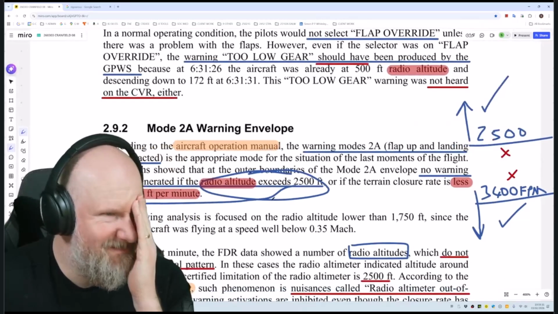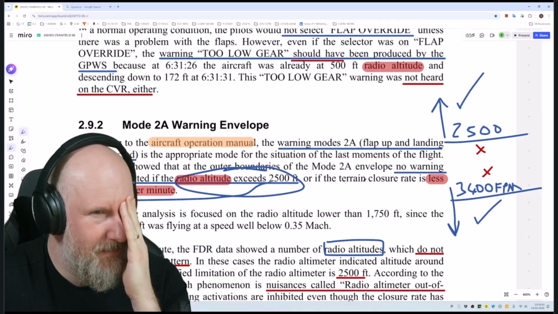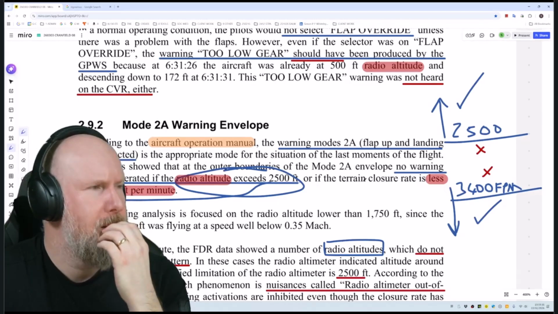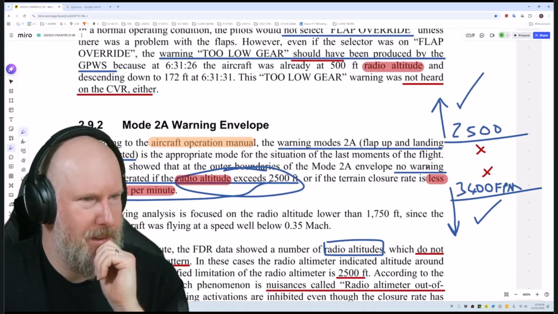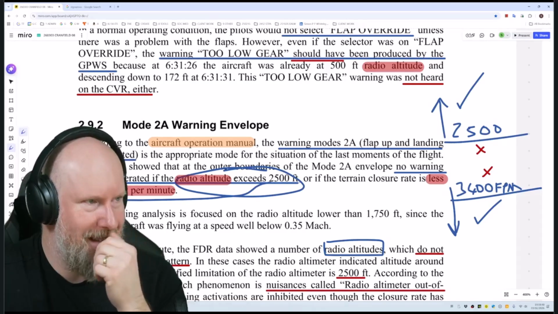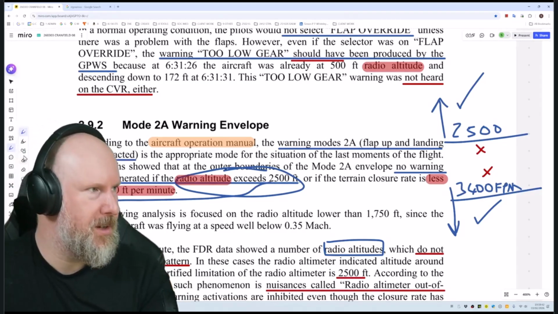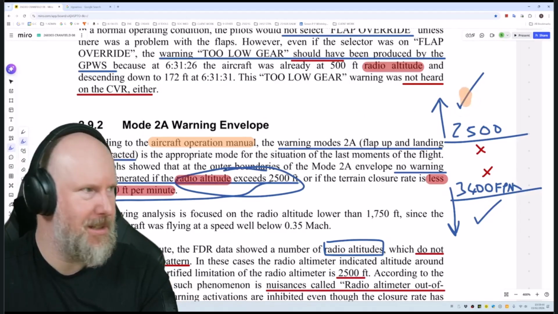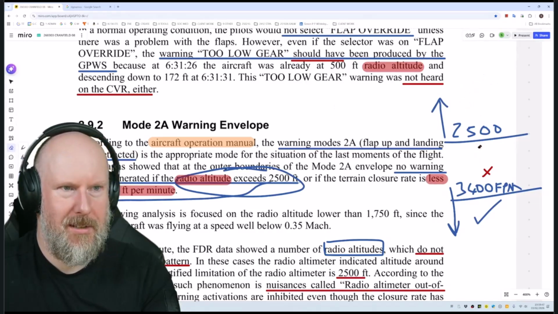Oh, hang on a minute. The graph showed at the outer boundaries, no warning will be generated if the altitude exceeds 3,000 feet. Let me just get rid of these confusing crosses and arrows.